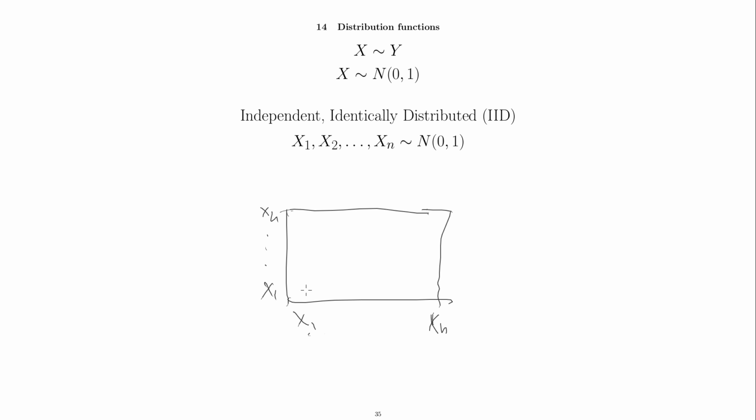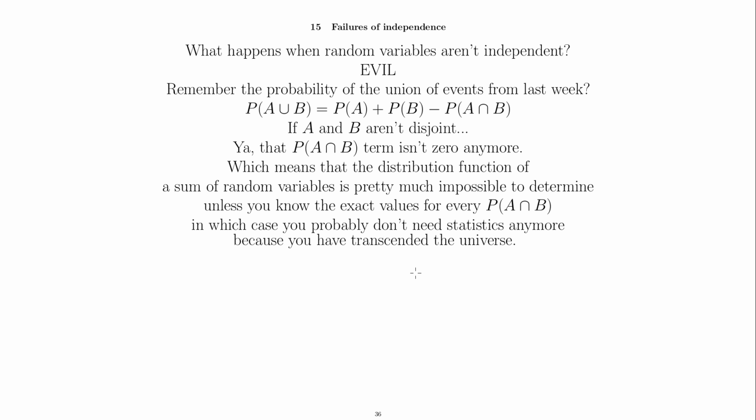You'd have to know the intersection values for all of these things. You'd have to know those empirically, and at that point, if you know all of that stuff, you probably don't need any statistics anymore because you've probably transcended the universe.